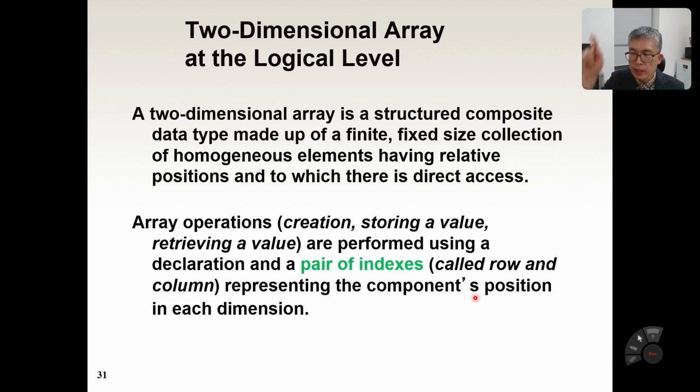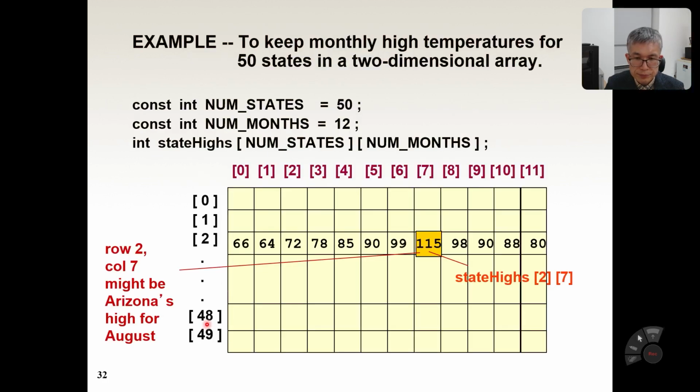Row and column crossing means the location of a two-dimensional array item. So this is two-dimensional. This is the row index, this is the column index, in a matrix. So a two-dimensional array is a matrix.